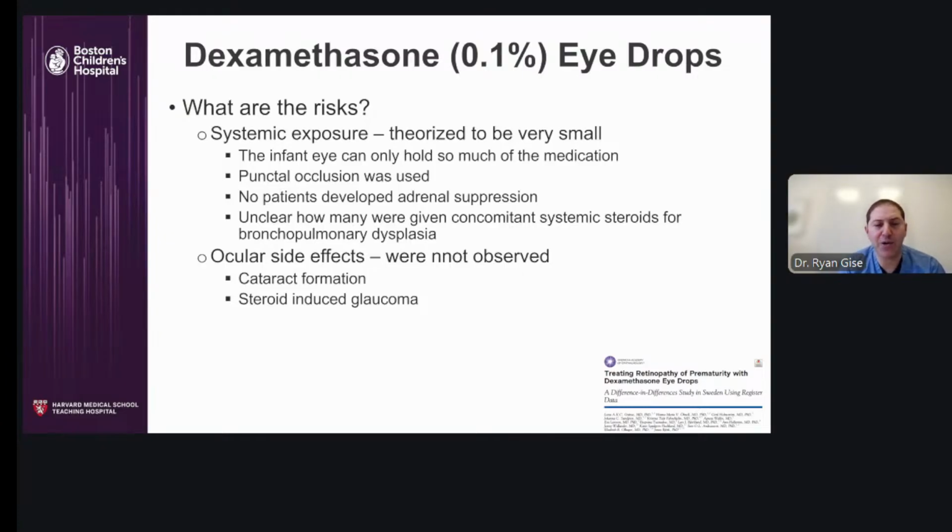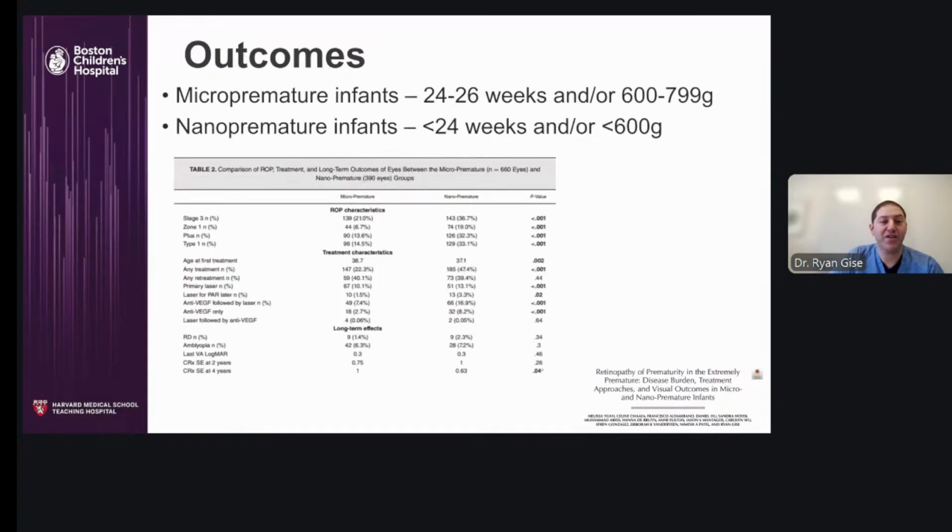The infant eye can only hold about a fifth of a drop. Punctal occlusion was used. No patients developed adrenal suppression, although it's unclear how many were concomitantly given systemic steroids for BPD. Ocular side effects like cataract formation and steroid-induced glaucoma were not observed, but are, again, important to consider.